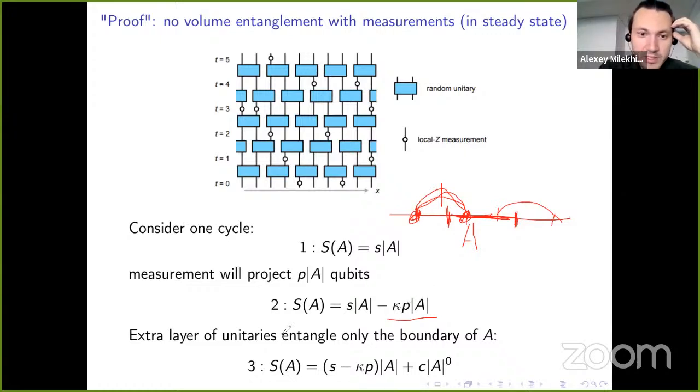And it's very bad because in the next layer of unitaries, say this is A. Let me draw it bigger.